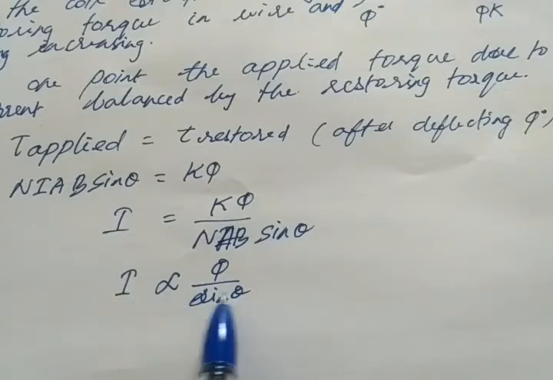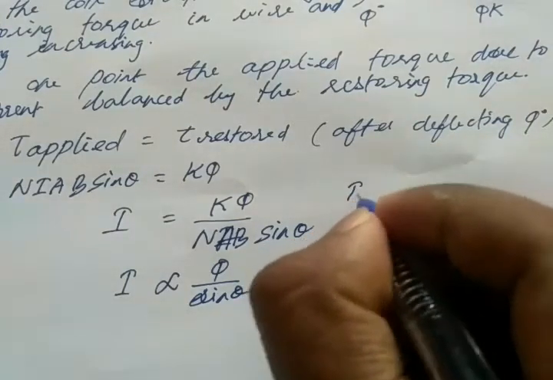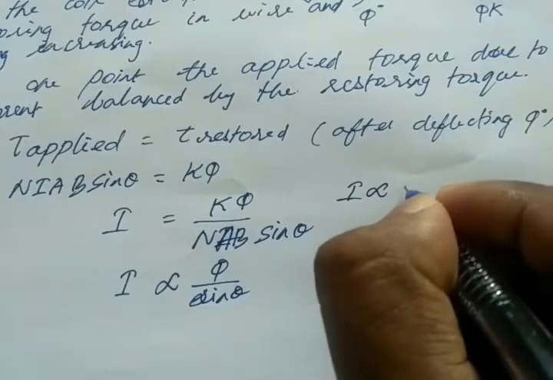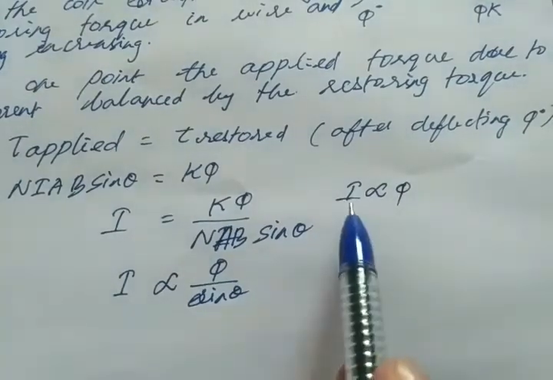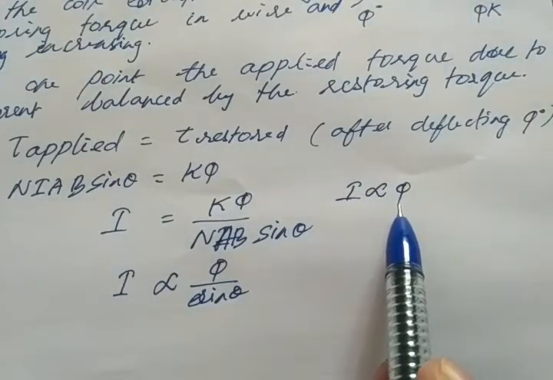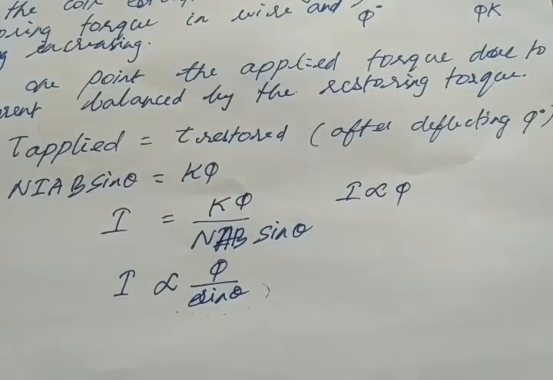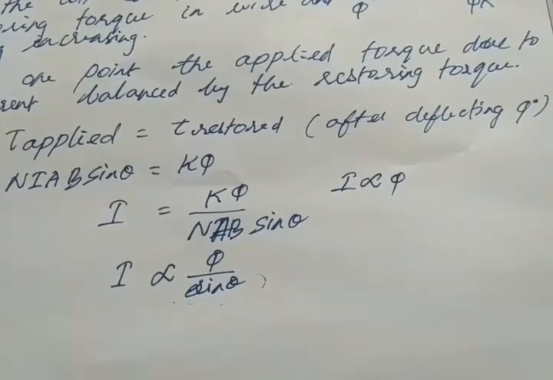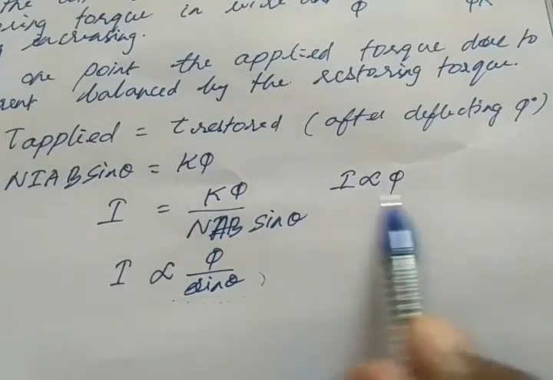So we can say I is directly proportional to phi by sin theta. As I said at the start of this lecture, our I should be directly proportional to phi, right? This is input, this is output. But here we have one extra term, sin theta. We have to neglect this sin theta in order to get this equation.